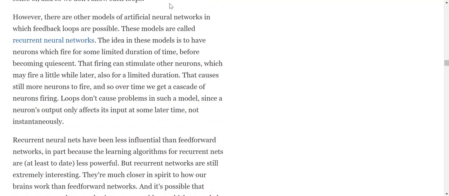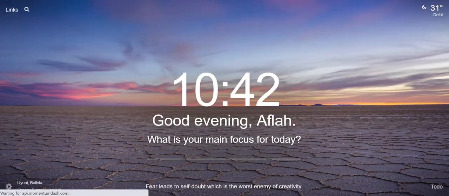However, there are other models of artificial neural networks in which feedback loops are possible. These models are called recurrent neural networks, which we'll probably get into later. The idea in these models is to have neurons which fire for some limited duration before becoming quiescent. I'm not really sure what that word means, but let's have a look.